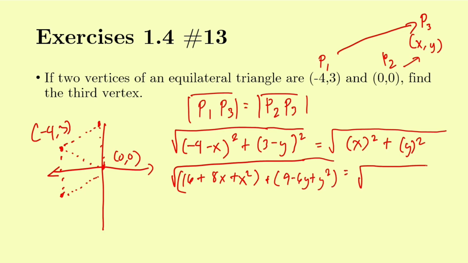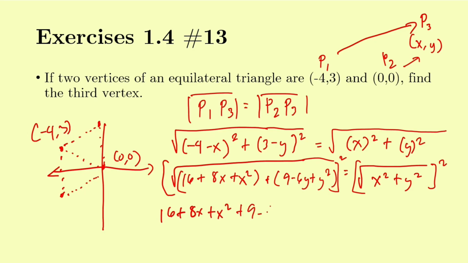And that's equal to x squared plus y squared. We can now remove the radical at this point. Actually, kahit kanina pwede na, no? By squaring both sides. And this will result in 16 plus 8x plus x squared plus 9 minus 6y plus y squared is equal to x squared plus y squared.